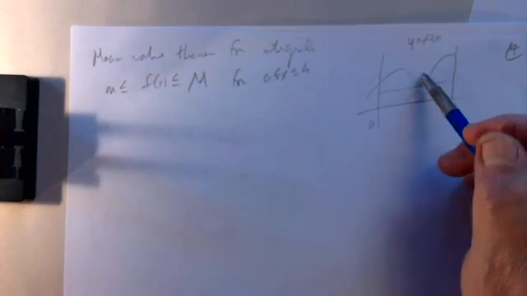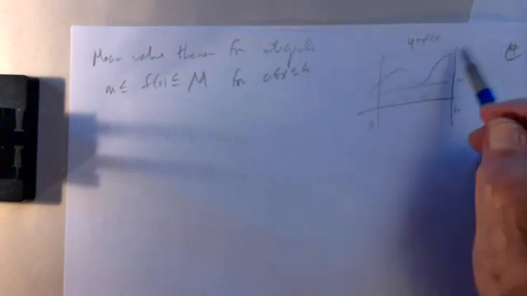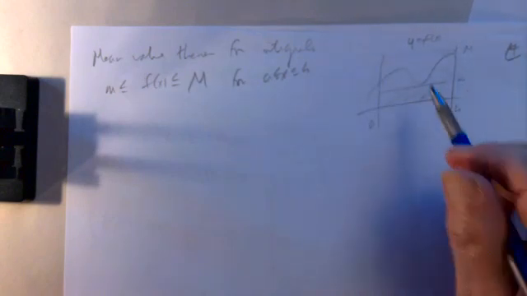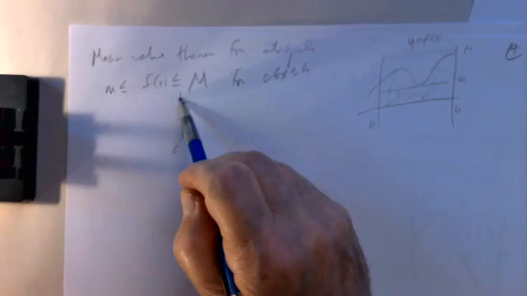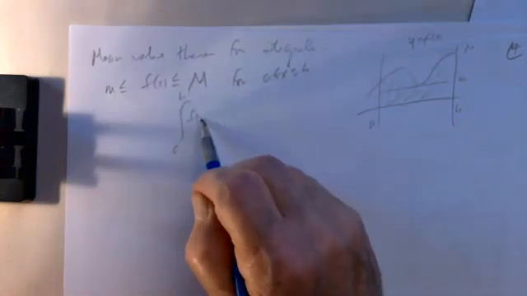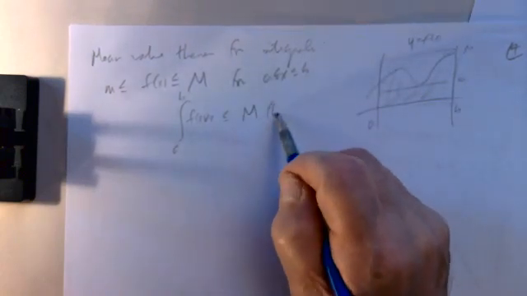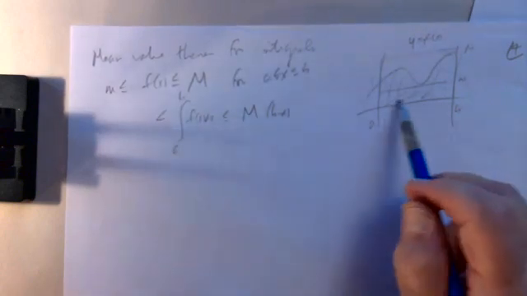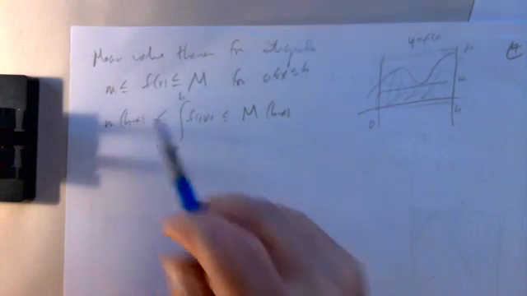So this function is always greater than or equal to little m and less than or equal to capital M. So the area under this curve, the integral from a to b of f of x dx, is less than or equal to the area of this rectangle, the height times the base, and greater than or equal to this rectangle, whose area is the height times the base.